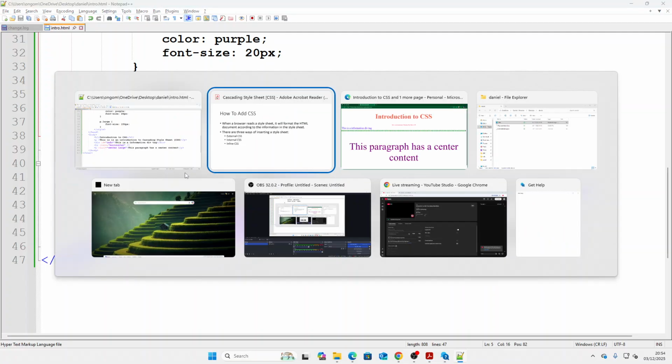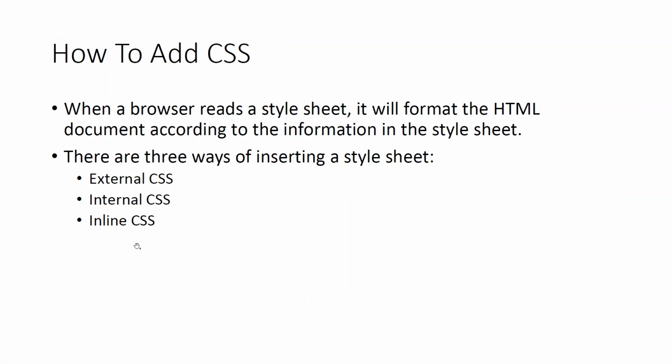So to add our CSS property, we can use the inline method. The inline method applies the style directly to our HTML elements using what we call the style attribute. With the style attribute, we're able to apply the specific style which we want to that specific HTML element.